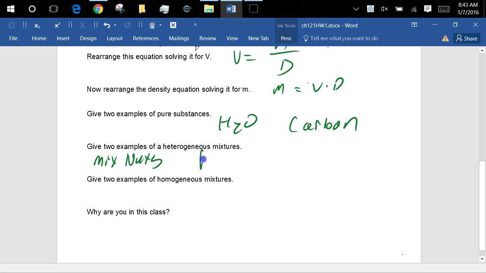How about homogeneous? Coffee. Perfect. Anything else? Where do you see that word in the grocery store? Milk. If milk isn't homogeneous, you probably don't want to drink it. It's either gone bad or it was never homogenized. So why does milk need to be homogenized?